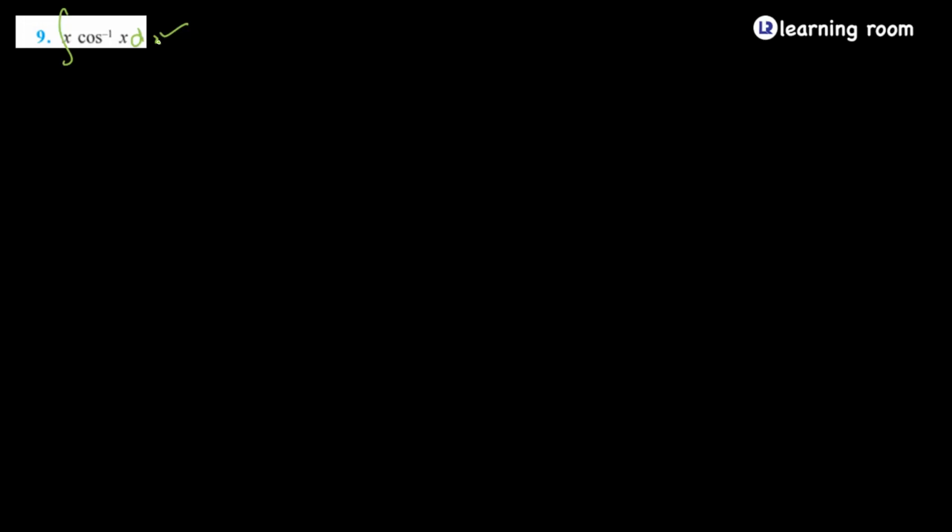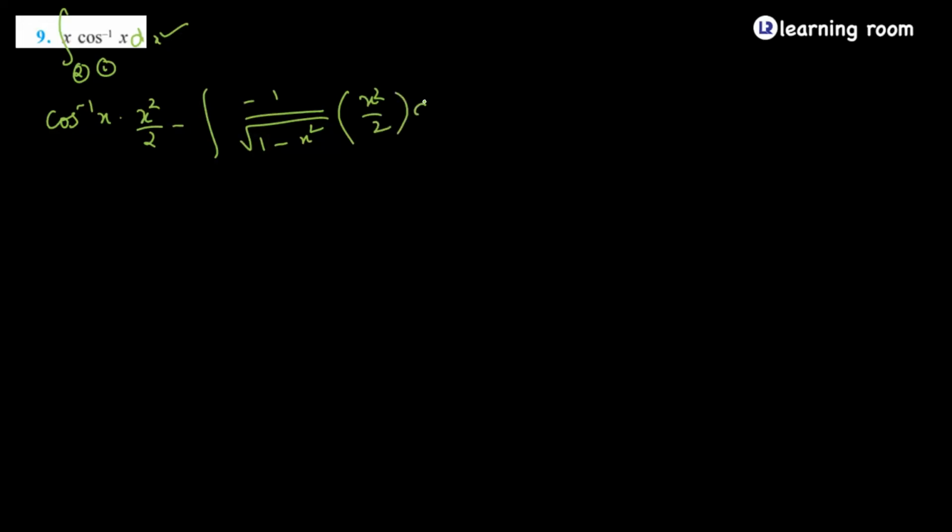Next question is integral of x into cos inverse x dx. So it comes to this. Cos inverse x is the first function, x is the second function. Now, first function into integral of second function, that is going to be x square by 2 minus integral of derivative of cos inverse x, which is minus 1 by root of 1 minus x square, into integral of x, which is x square by 2, and you have another dx.